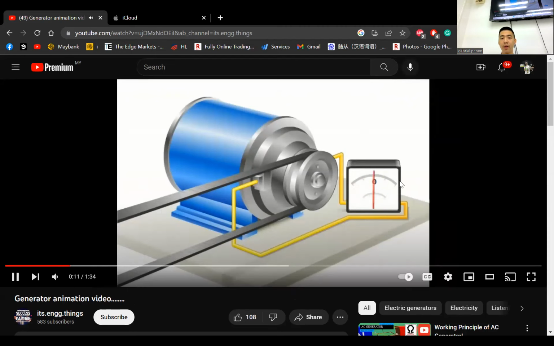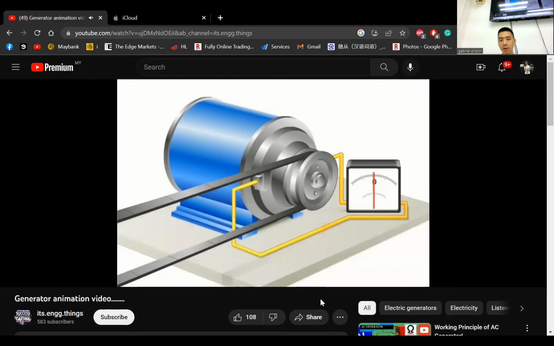Then you can see that the current keeps flipping left, right, left, right, because it's generating alternating current, positive, then negative, then positive, then negative. Current that keeps reversing its direction of flow.